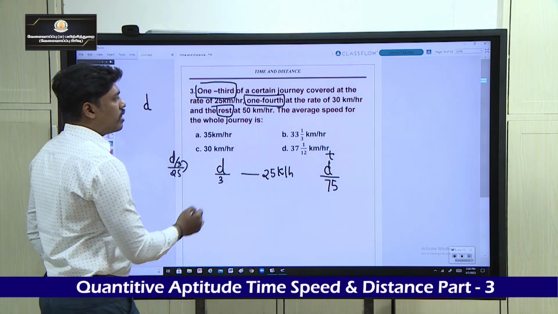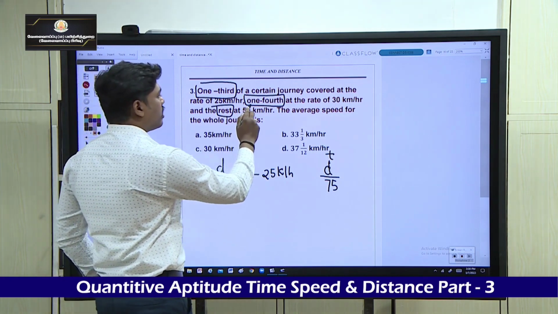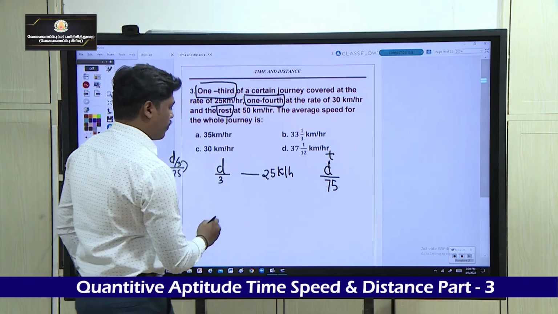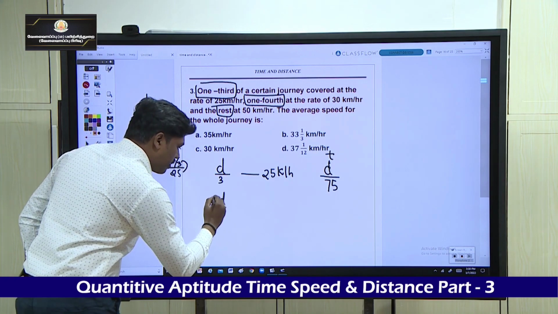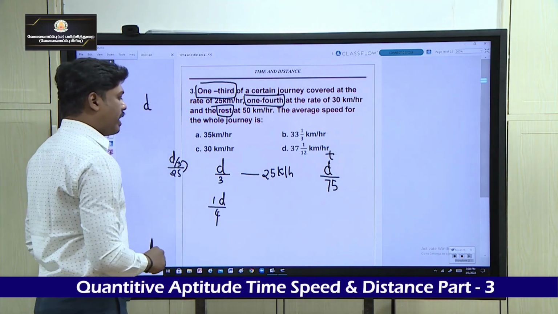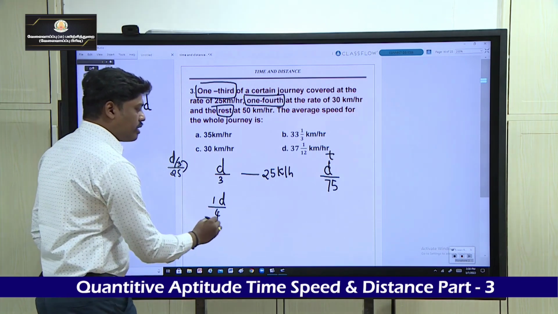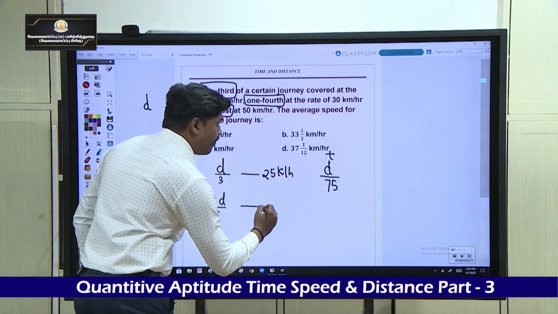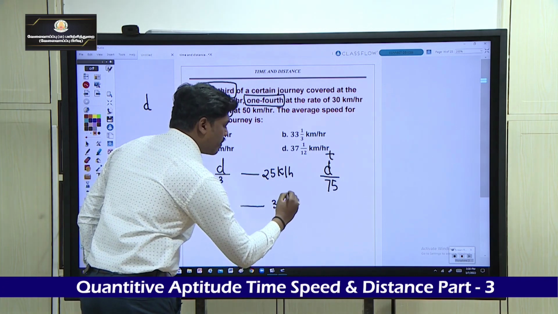Okay. Now the second part here is 1/4, at a rate of. So the distance they are covering is 1/4, which is d by 4. D by 4 distance they are covering at a speed of 30 kilometer per hour.